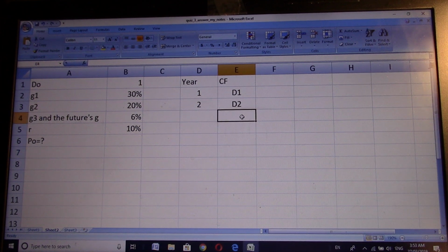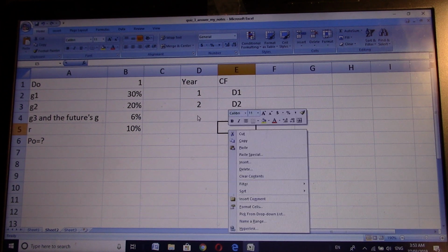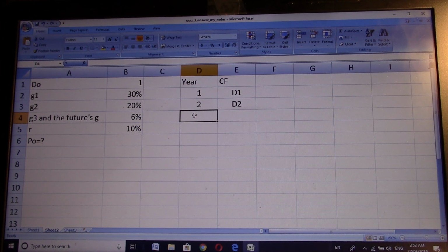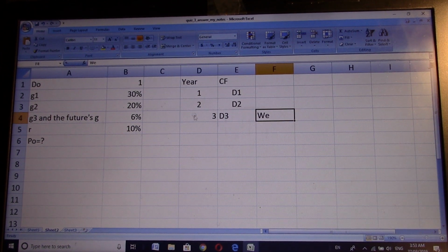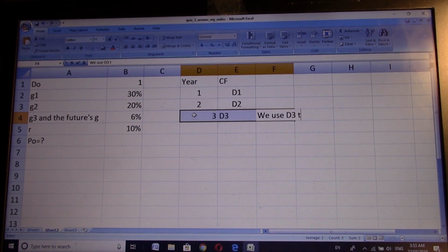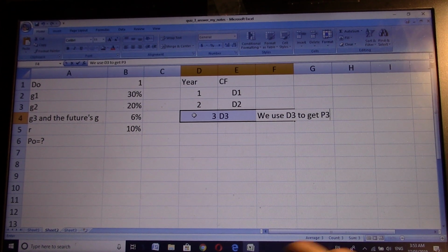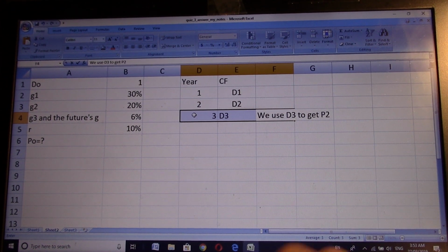And since the dividend starts to grow at 6% since year 3, we can figure out these three. And we use these three to get P2.